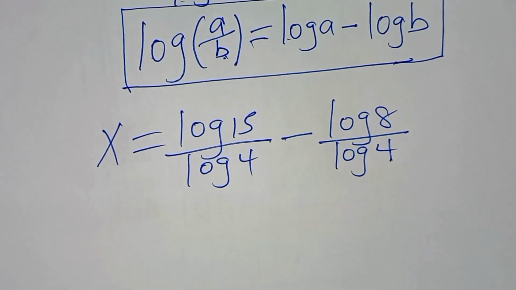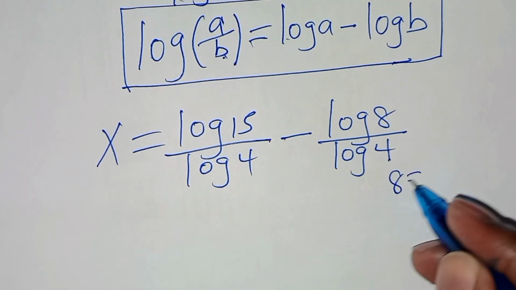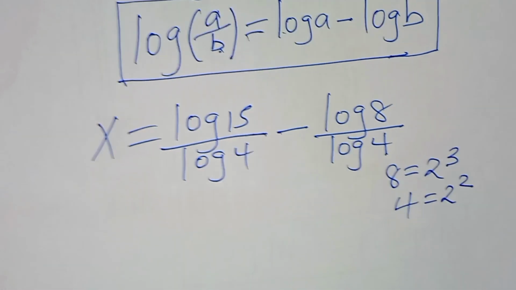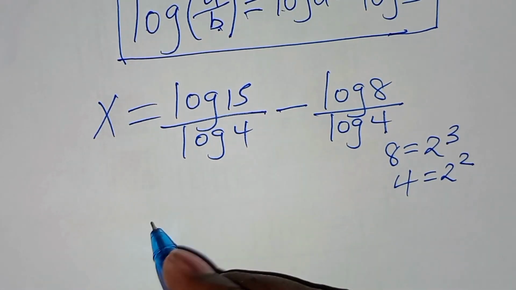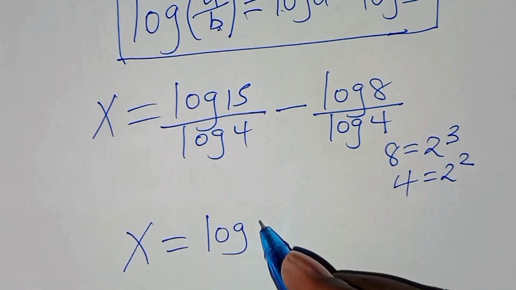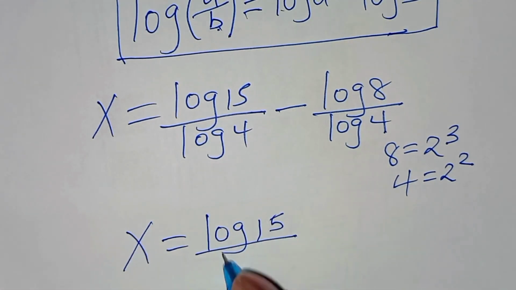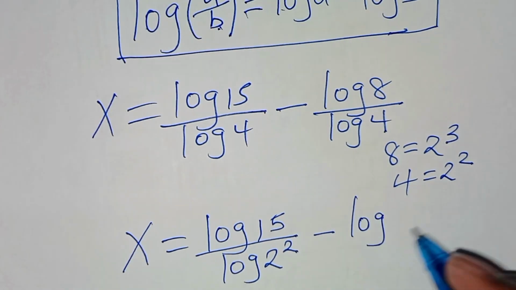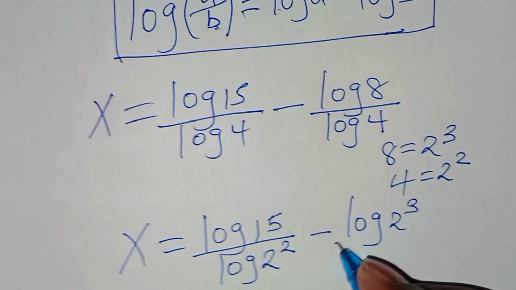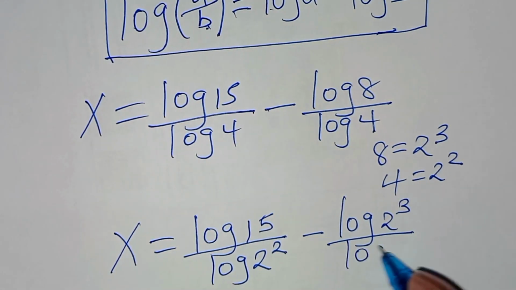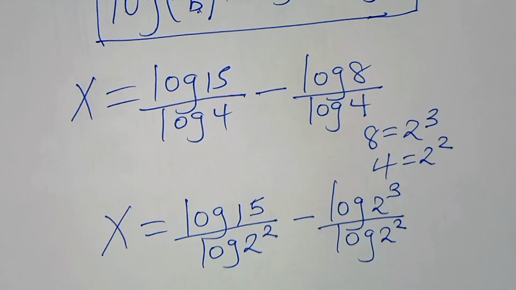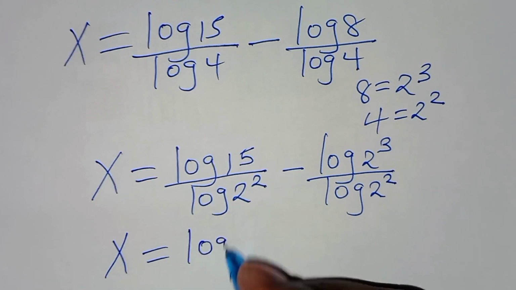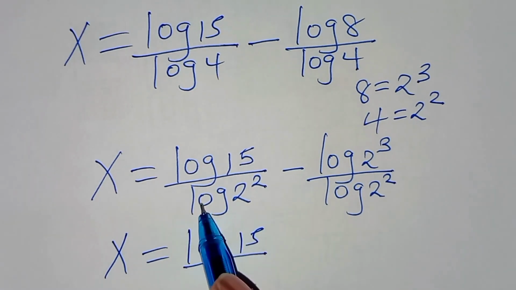Now the next step here, we can express 8 as 2 to power 3, and we can express 4 as 2 to power 2. So substituting this here, we'll have x is equal to log 15 divided by log 2 to power 2 subtract log 8, which is 2 to power 3, divided by log 4, which is log 2 to power 2. The next step here, we'll have x is equal to log 15 divided by log 2 to power 2.